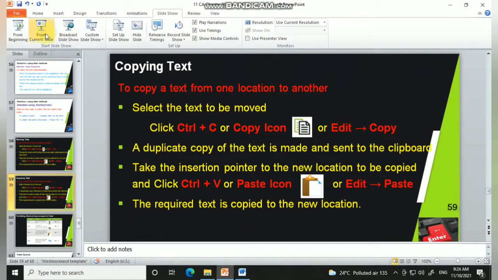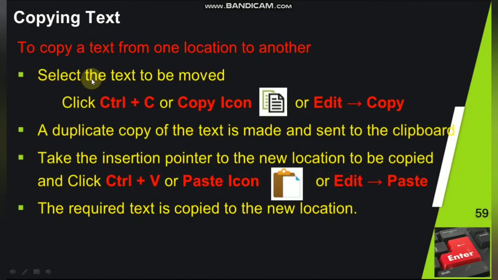See, now copy the text. Same method. I am going to select my text and press Ctrl C. Ctrl C is the shortcut key for copy, or else I can press the copy icon, or I can use the menu option, and then a duplicate copy of the text is made. You see this term, a duplicate copy.